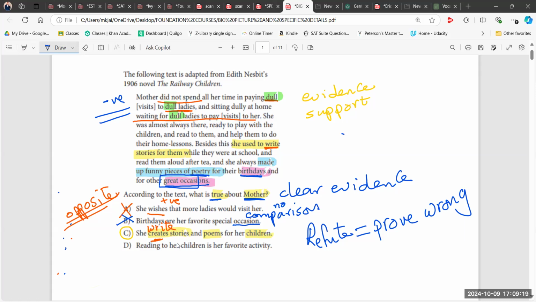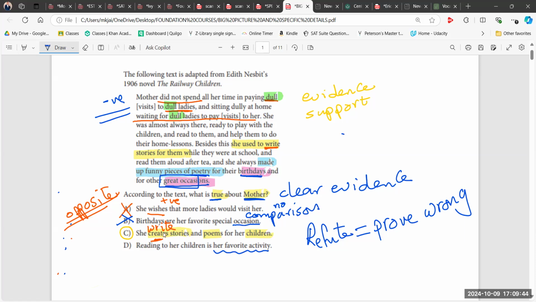What about D? Who can refute D? Omar, can you? We can do the same as we did with B. Any reference to her favorite activity? Was there any comparison being made between the activities that she likes best?